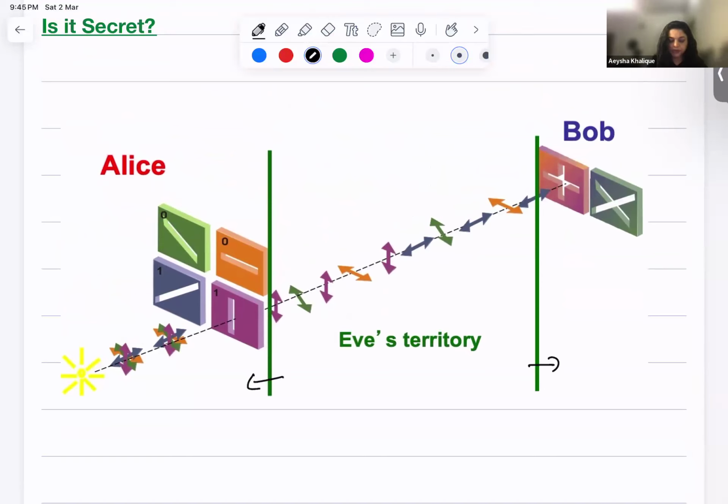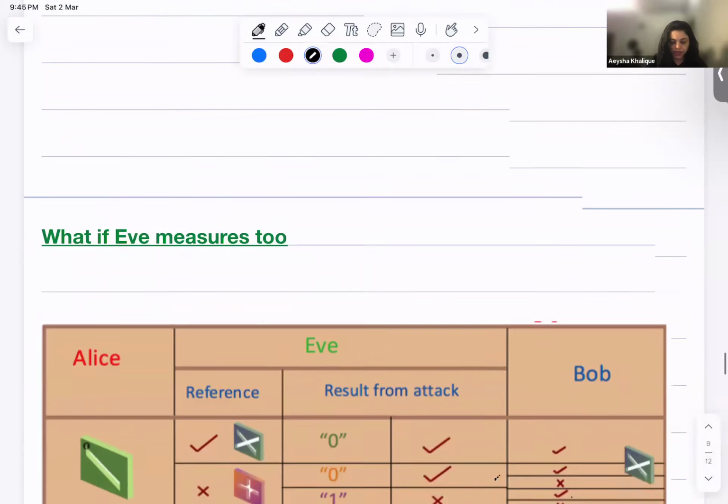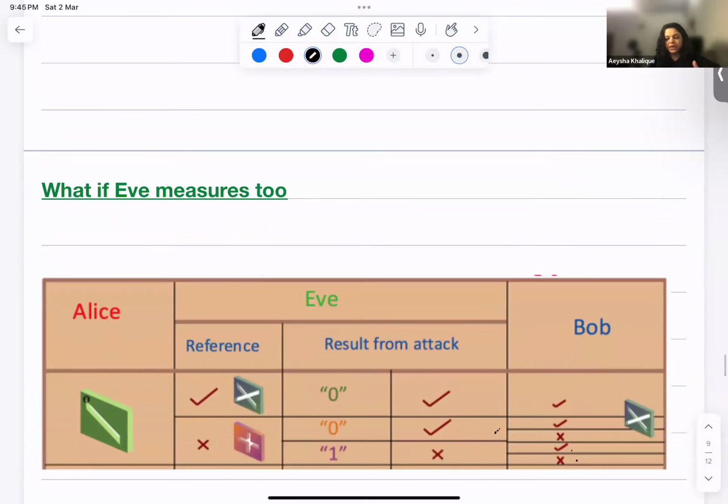Eve cannot access Alice and Bob's labs, but she can do anything in between. Now let's see what happens if Eve measures too. Let's concentrate on the cases where Alice and Bob's bases match and they keep the bit, right? We do not consider the cases where the bases do not match, because those are going to be discarded anyway.